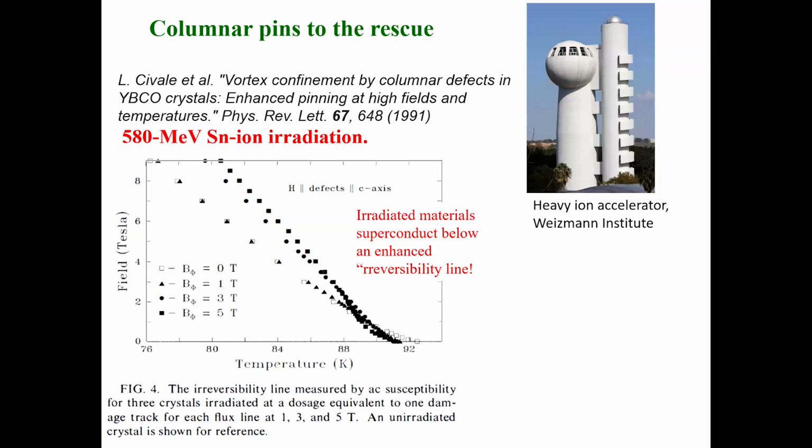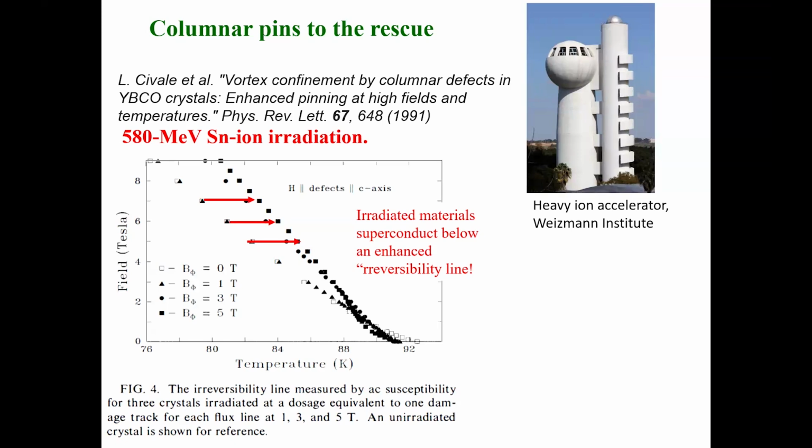This is the original experimental evidence. These are very intense magnetic fields, of order 10 Tesla is the top value. And what they did was to irradiate various amounts of columnar defects, and you can easily get to a regime where you have one columnar defect for every vortex. And I'll show you a little bit more detail, but this is the line without the irradiation, below which the vortex lines freeze in place due to point disorder, some kind of point pinning.